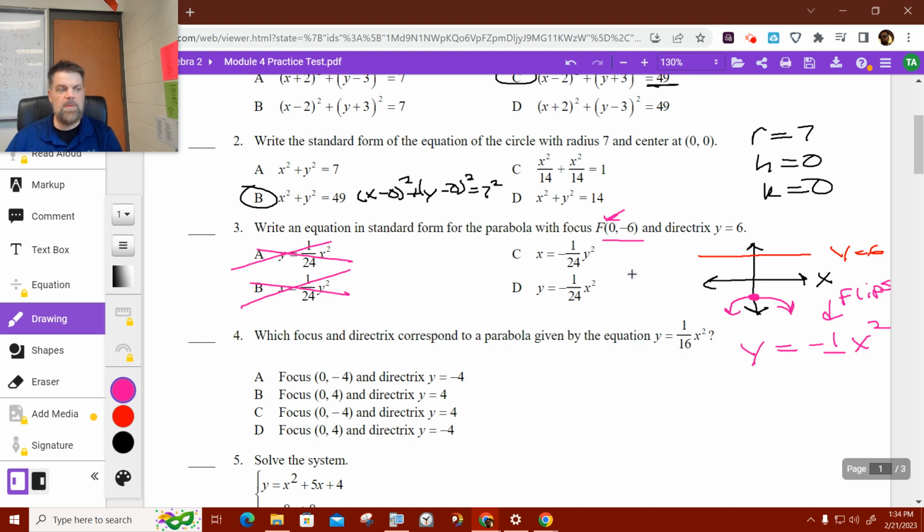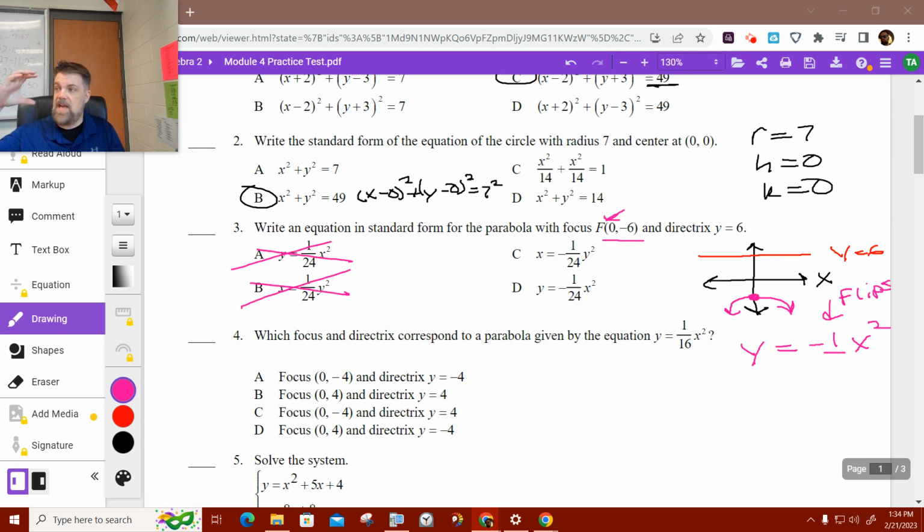Does anybody in here remember where the 24 comes from? Anybody? So if you don't remember where it comes from, I'm going to show you where it is in your notes, because I think that's kind of important. So remember, this was section 4.2, when we talked about parabolas, because as I'm going over this, maybe you need to write this down because I can't guarantee that this will be the same.